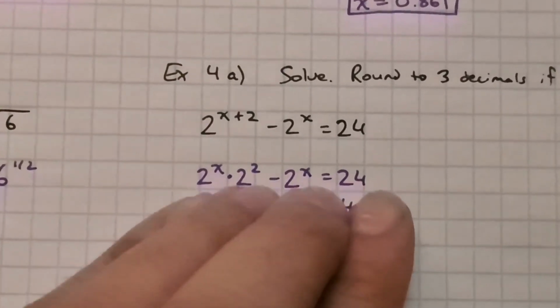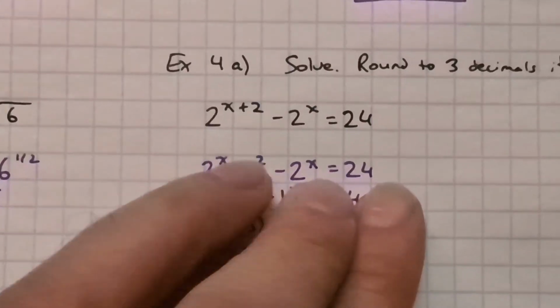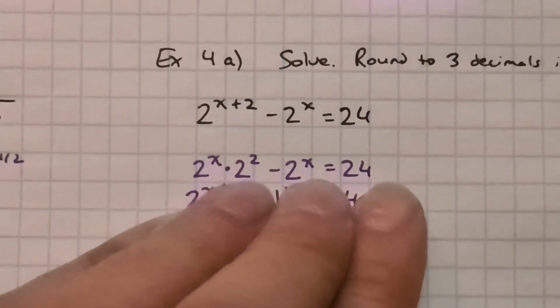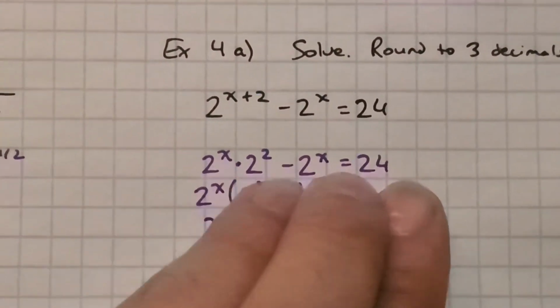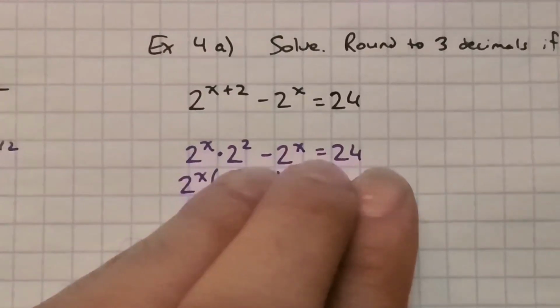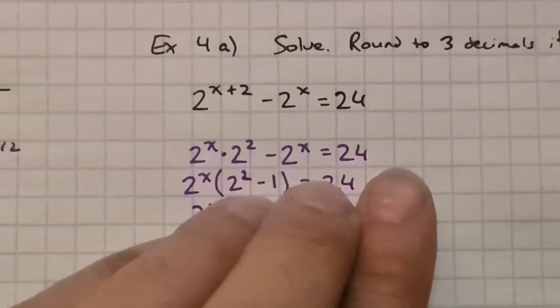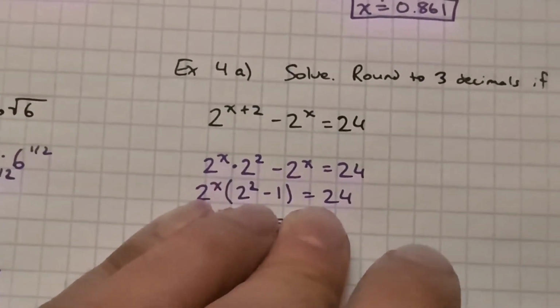And what that's going to allow me to do now is I have a common factor. So in this first set, I have a 2 to the power of x. In this second part, I have a 2 to the power of x. So I'm going to take out a common factor of 2 to the power of x. And what do I get left with? Well, I have a 2 squared from here.